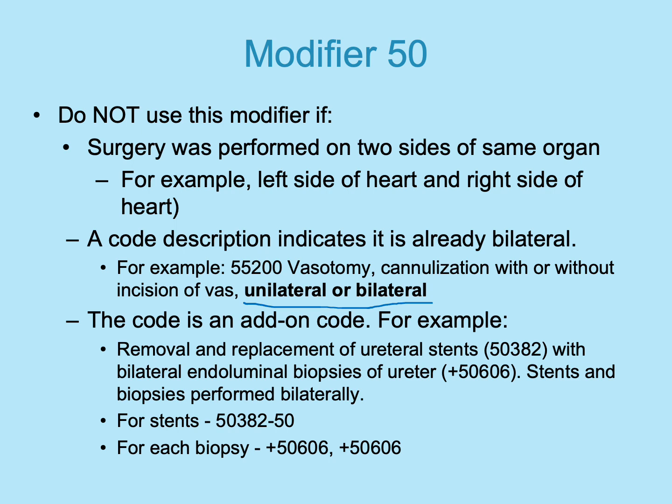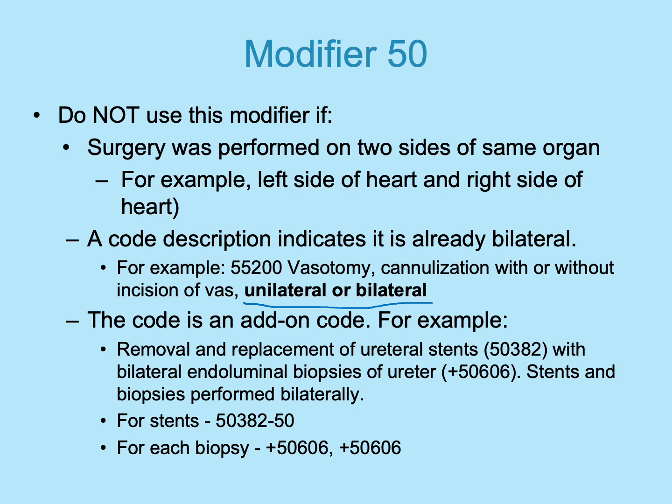If the code is an add-on code, for example, and this is somewhat confusing, removal and replacement of ureteral stents 50382 with bilateral endoluminal biopsy of ureter 50606, the add-on code. Stents and biopsies were both performed bilaterally. For the stents, you do 50382-50.